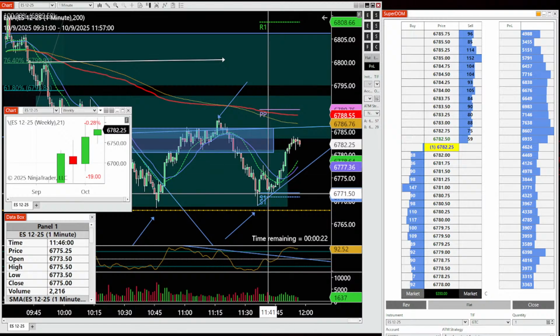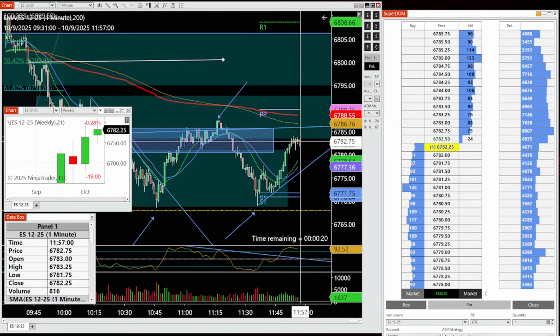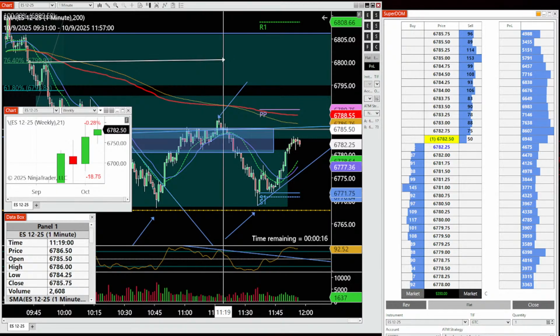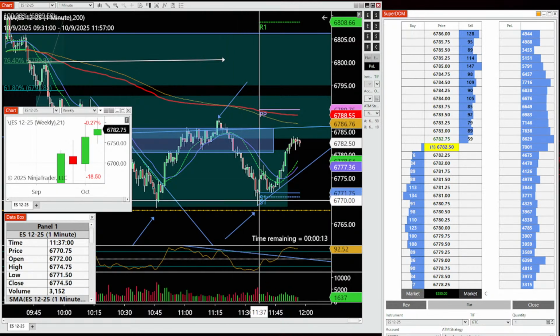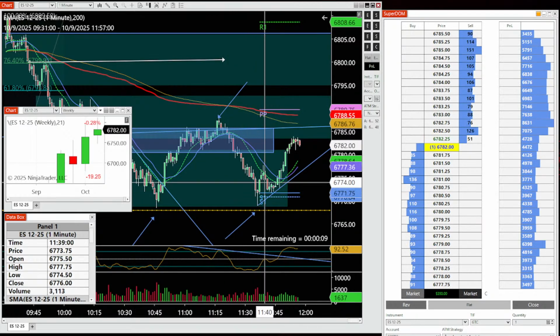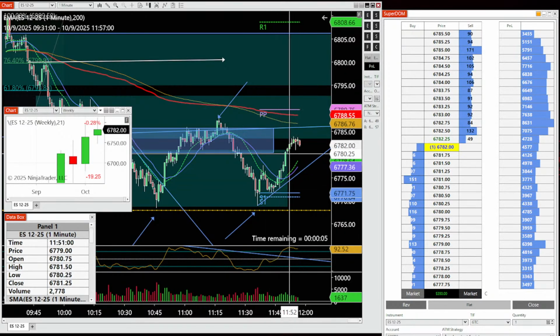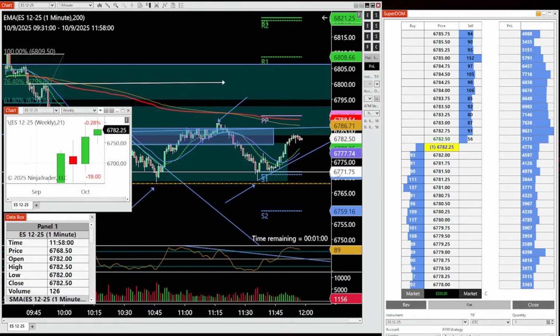If it breaks 68, all these are going to get squeezed. Everybody up here that went long here is going to get squeezed. You've got to squeeze it a little bit, but there's some people in here going to get squeezed if it breaks. Don't have to.